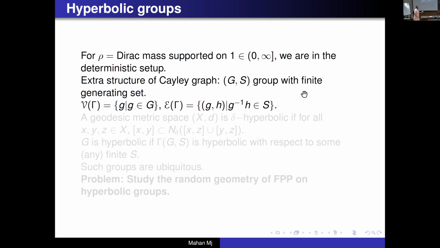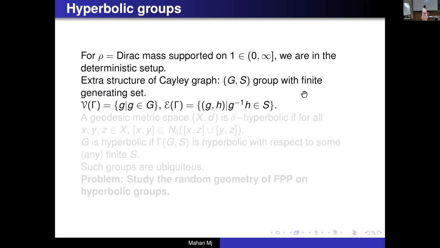So think of, for example, Z plus Z, Z squared. Then you look at A is (1, 0), B is (0, 1). Your S consists of A and B, along with, because we want the graph to be undirected instead of directed, A inverse and B inverse.